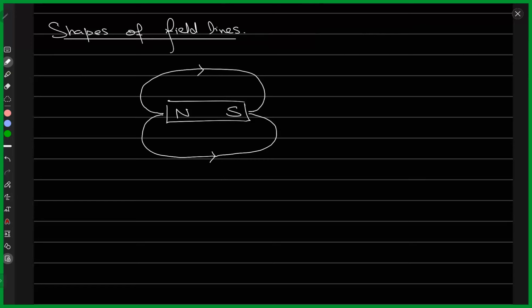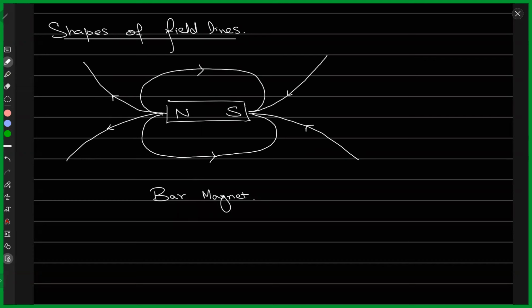And around it, it's something like this. So this type of magnet is called a bar magnet.